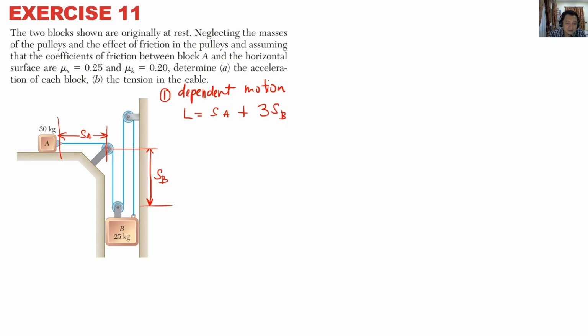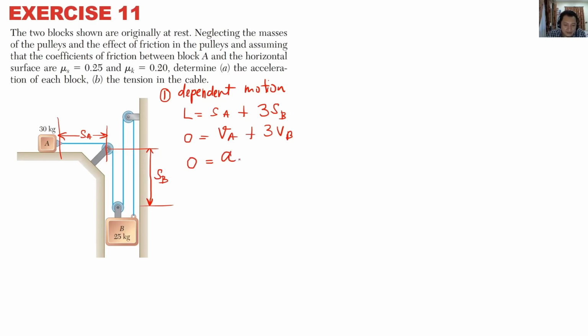Okay. When you differentiate dl over dt, you're going to get 0 for this one. So you're going to get VA plus 3VB. Differentiate one more time. Once you differentiate, this one actually turns to 0, because the length does not change. Differentiate again, also becomes 0.